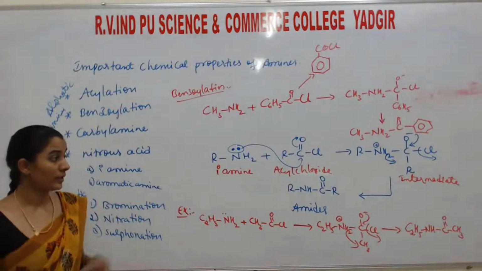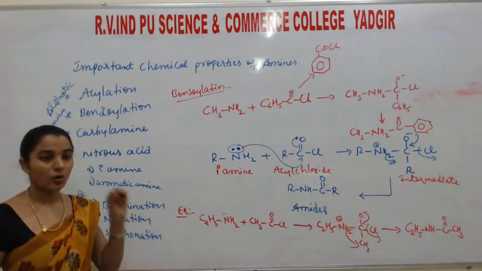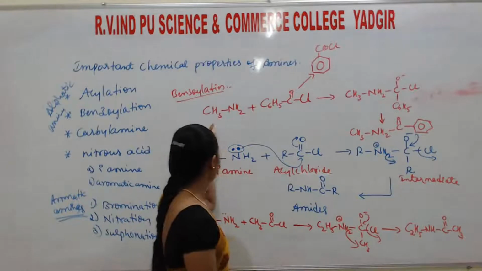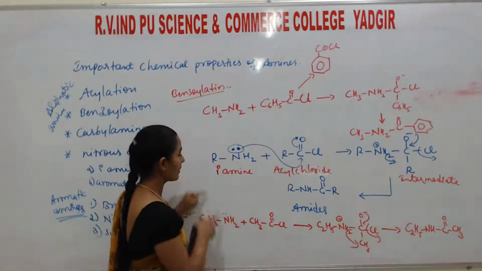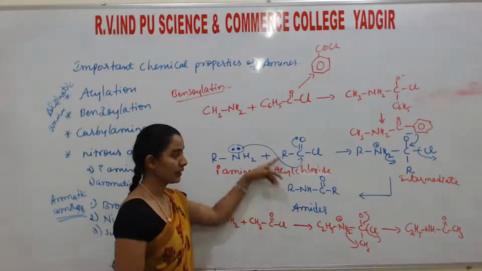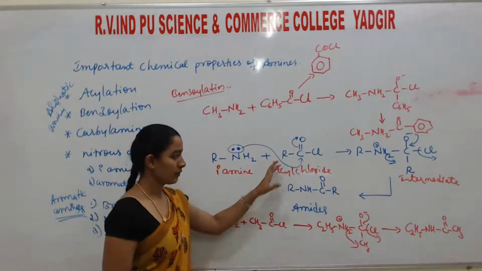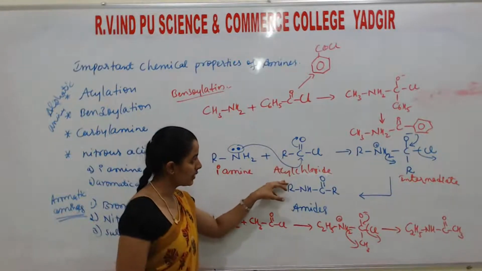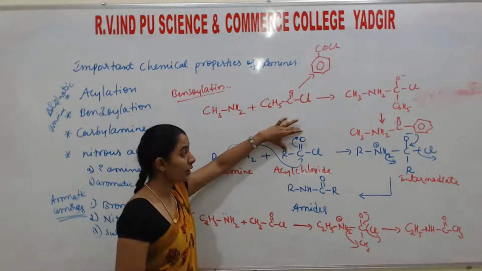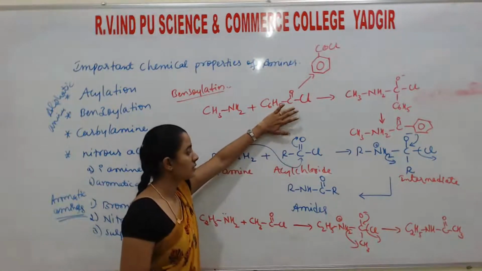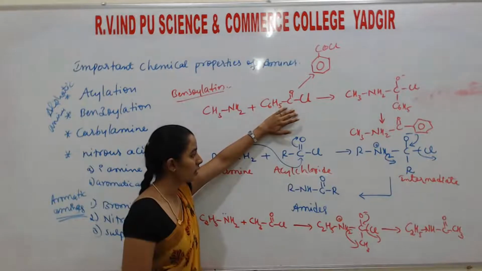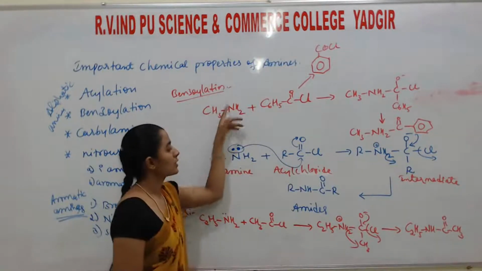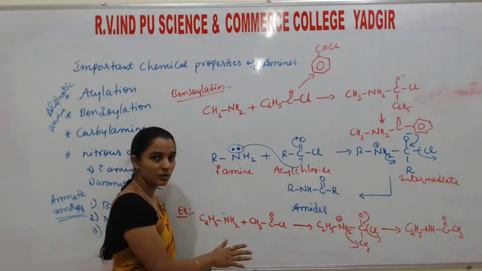So in benzoylation and acylation, the only thing we observe is that here R is different. If R is an aliphatic amine, then it is acylation. If the acyl compound is aromatic, especially benzoyl chloride, then it is benzoylation. Nothing else changed, students.